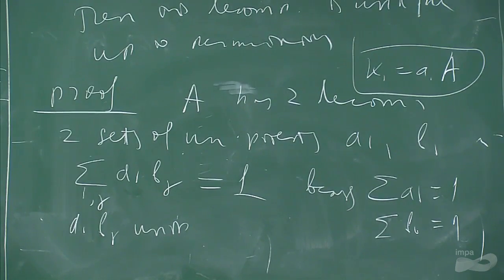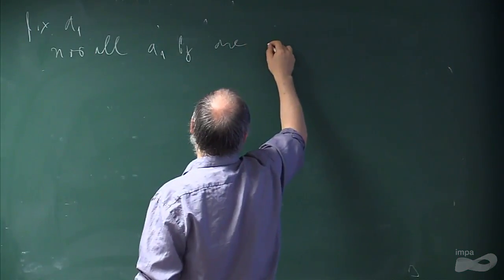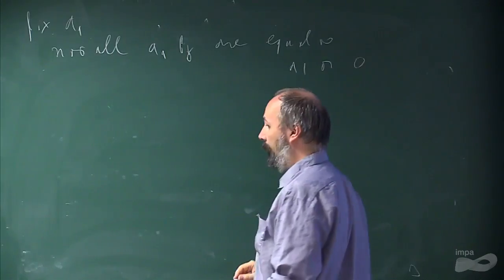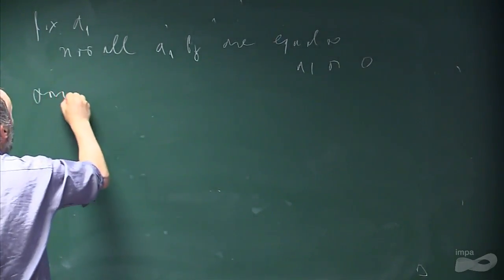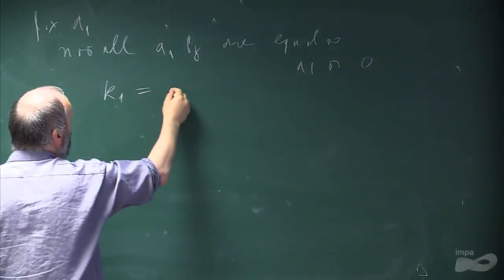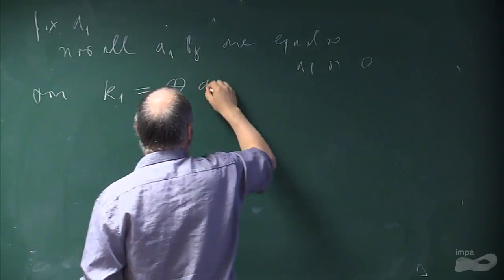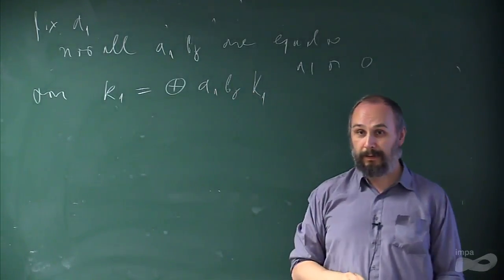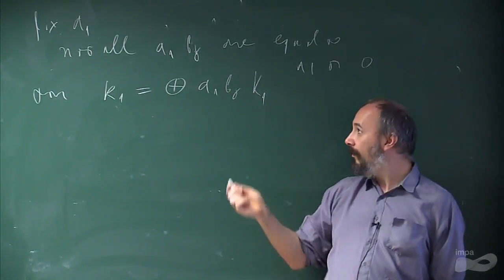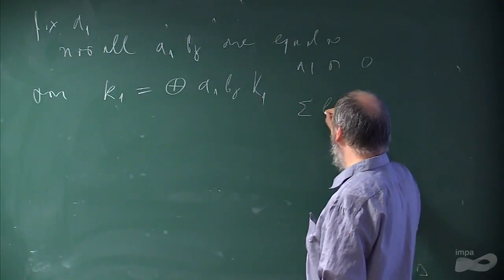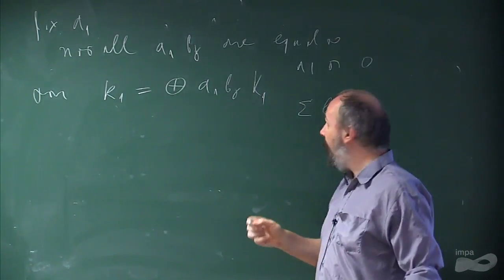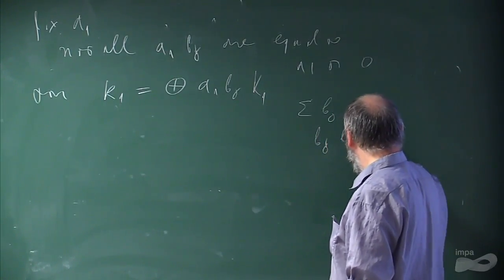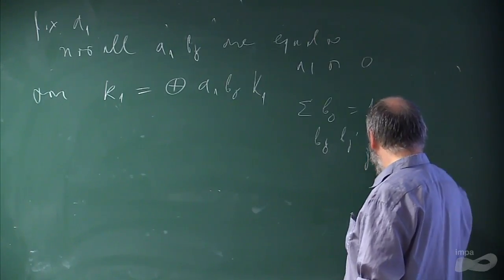Not all A_1 B_j are equal to A_1 or 0. Then you have K_1 is equal to the direct sum of A_1 B_j K_1. The same argument: you use that the sum of B_j is equal to 1 and B_j B_j' is equal to 0 if j is not equal to j'.